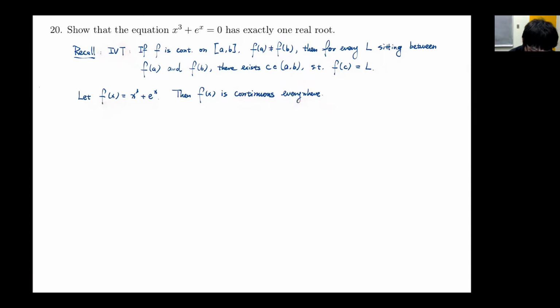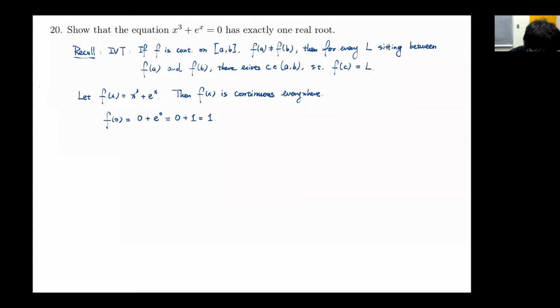Now let's try some special values. f of 0 is going to be 0 cubed plus e to the 0, which gives us 0 plus 1, which is 1. We are looking for one real root, and in order to use the intermediate value theorem, I need some x where the function takes a negative value.